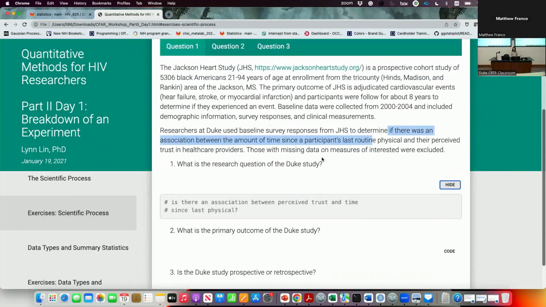Okay, so what's the primary outcome of the Duke study? The primary outcome is associated with the research question, right? So from this research question, can you identify the primary outcome?